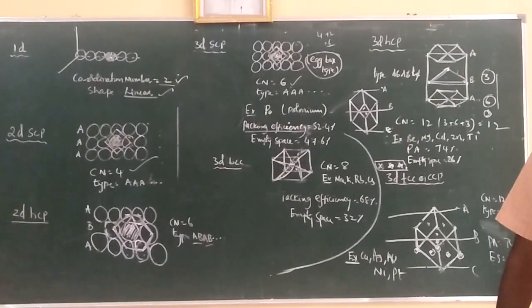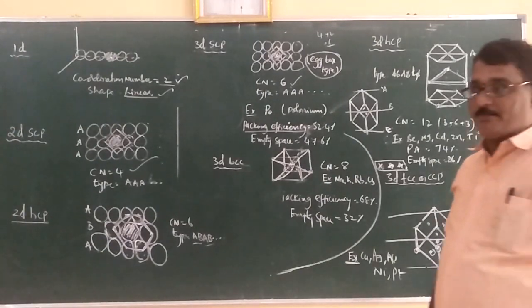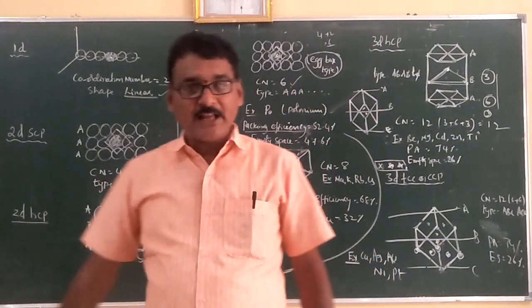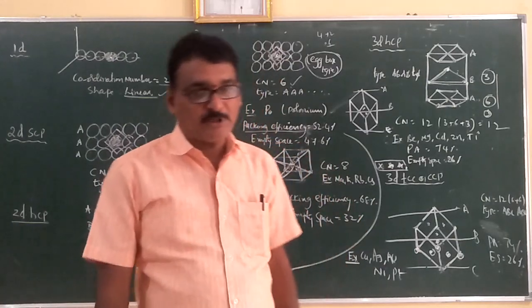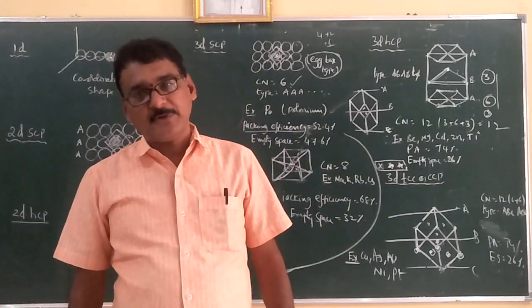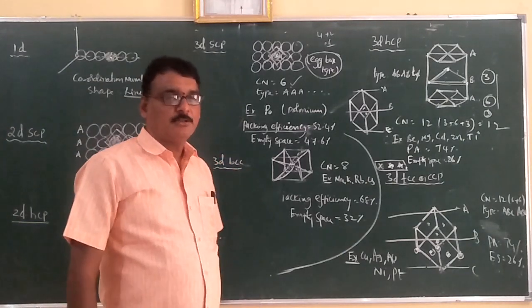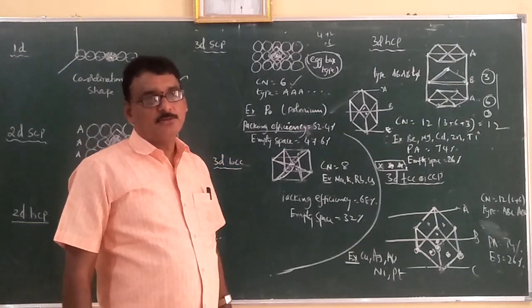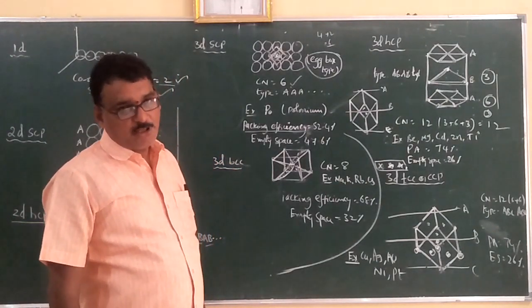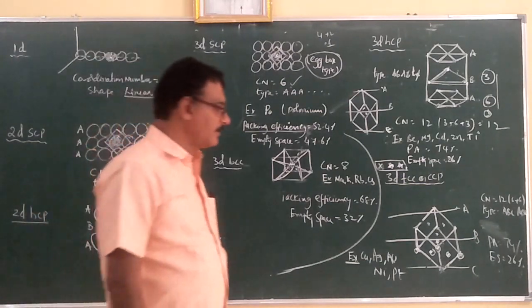What is the coordination number? 12. Specification 6 plus 6. Type ABC, ABC type. What is the packing efficiency? 74%. What is the empty space? 26%.